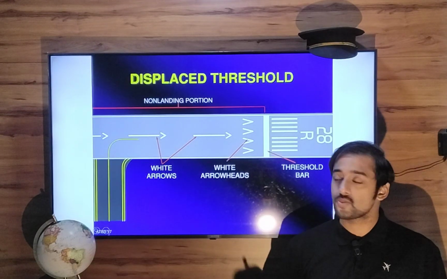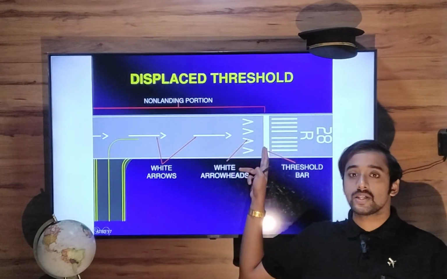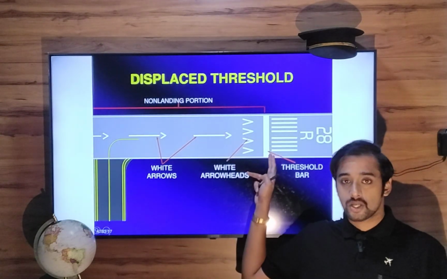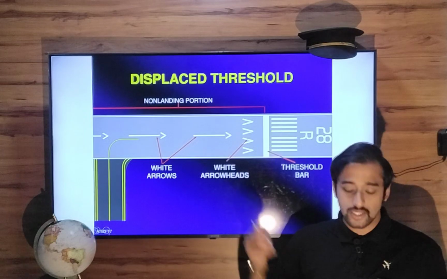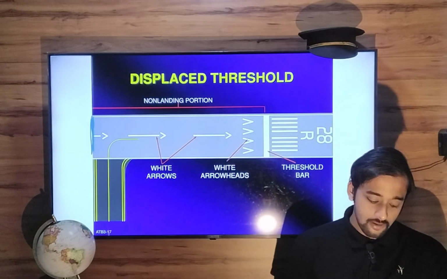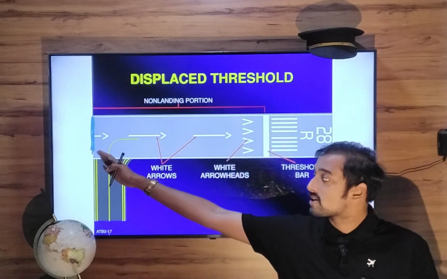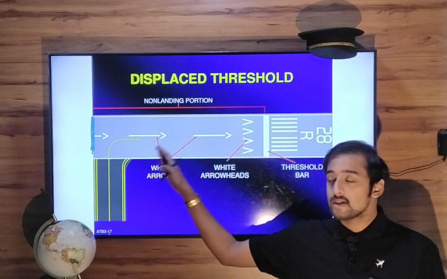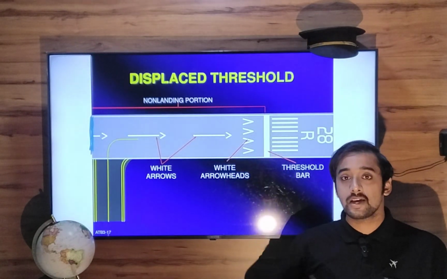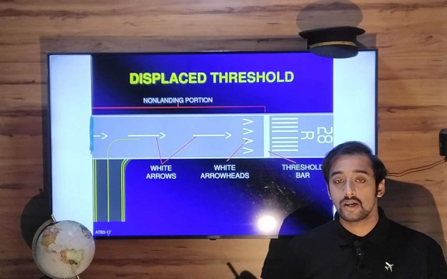So in such cases, we have a new threshold which is created temporarily, which we call the displaced threshold. The threshold is the starting portion of the runway. But when we cannot use the runway right from the start, we have to make a new threshold for the purpose of identifying the start of the runway for use.